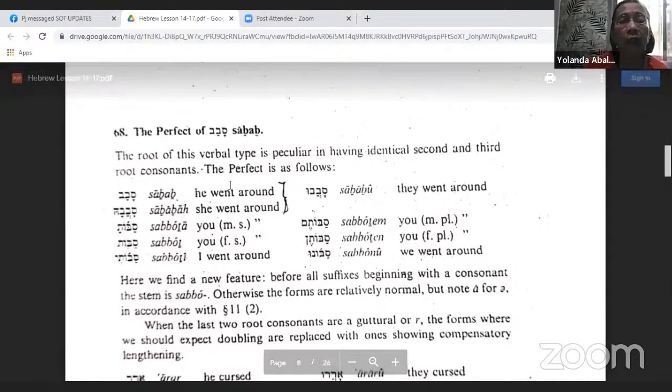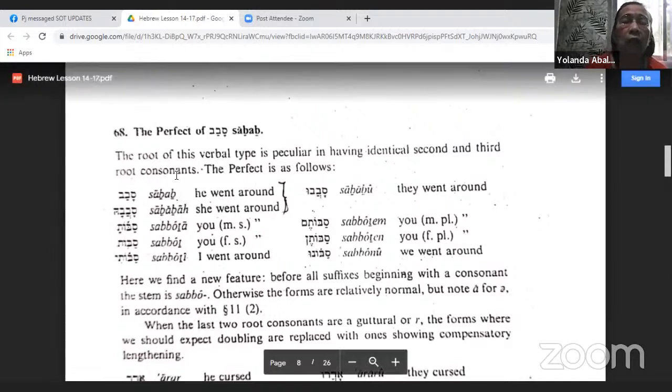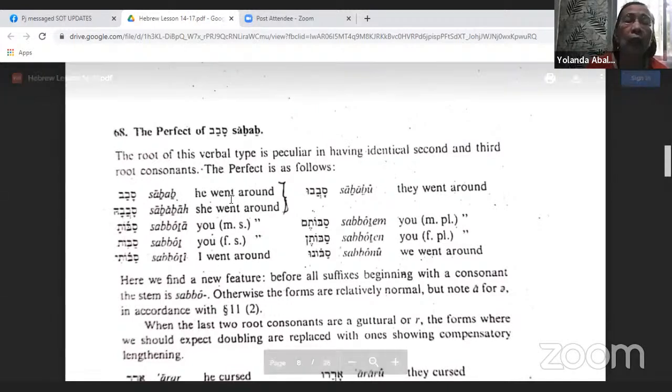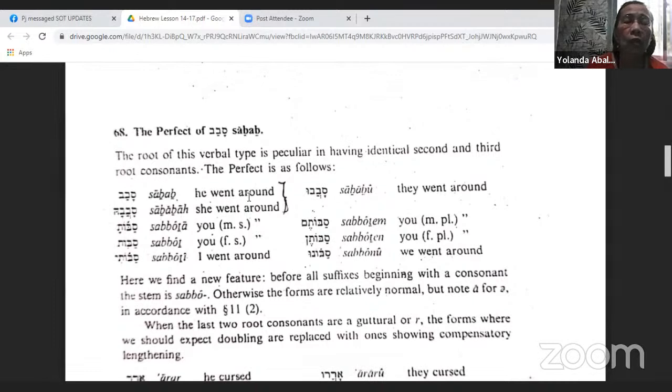So, ang he went around, she went around, or he was surrounded, she was surrounded, ang plural niya, they went around, they were surrounded. Sababu. Hindi yan sababu. Sababu.